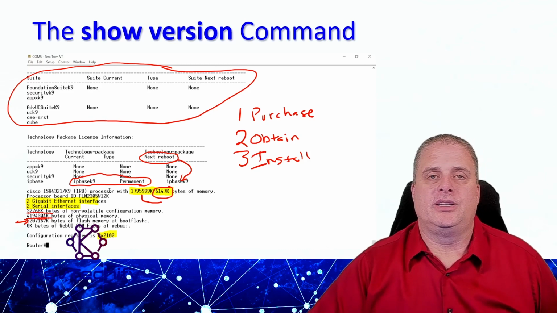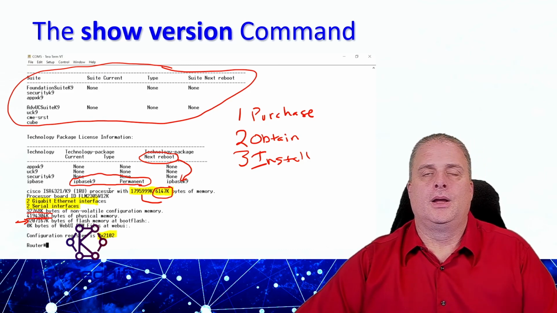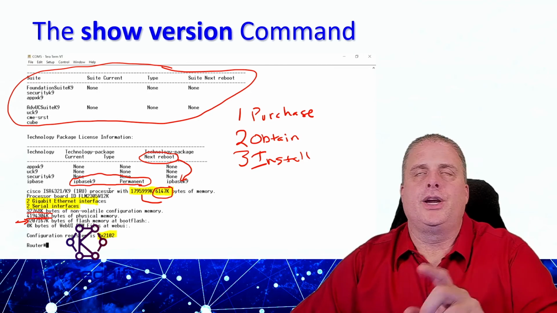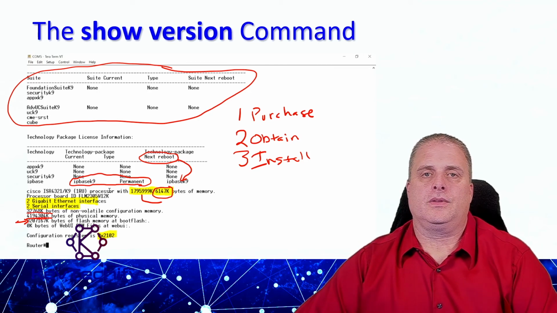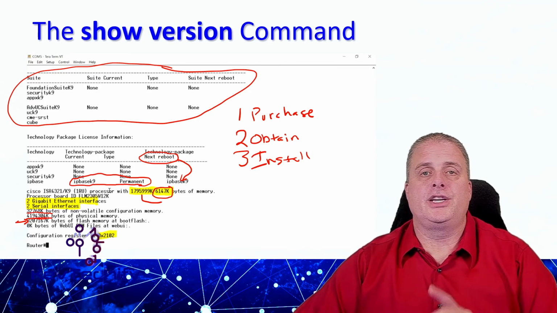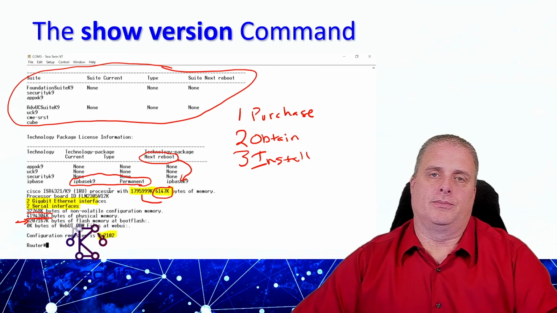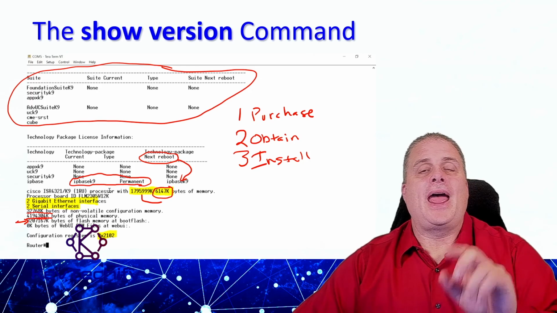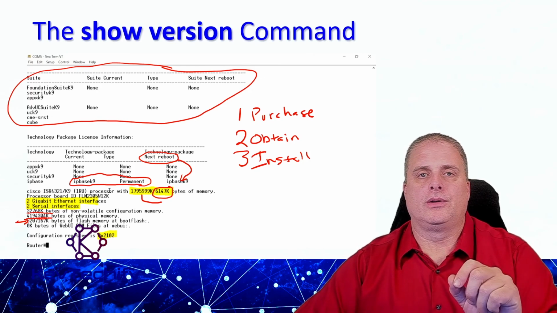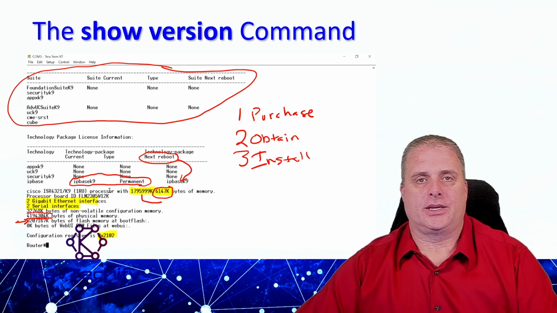You can change the default boot process by altering the configuration register setting so that the configuration file won't load from NVRAM on boot up, allowing you to access privileged exec mode without a password.